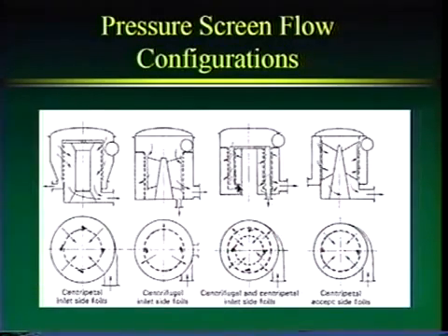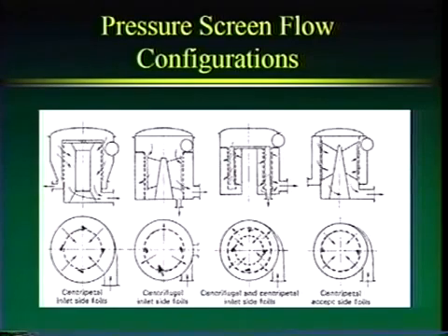Okay, now pressure screens can come in different flow configurations. I like to look at, here's 4 different types of screens. In this case right here, it's called a centripetal screen, and it's got inlet side foils. So what's happening here is, here's our inlet, and our pulp is actually going through the screen basket in the inward direction, and our foils are on the outside, spinning on the outside, keeping that inlet side of the basket clean.